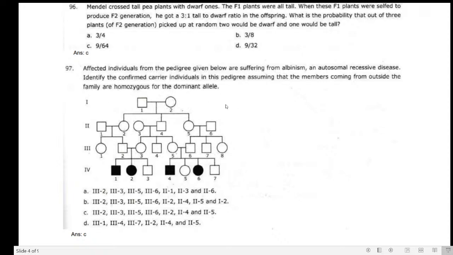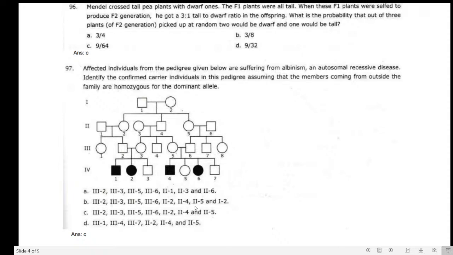This is the statement. They provided the story. Now they ask about the first generation. Normally the square box denotes the male and the round circle denotes the female. In the next generation there is no affected one. So only in the 4th generation have they found the affected one.